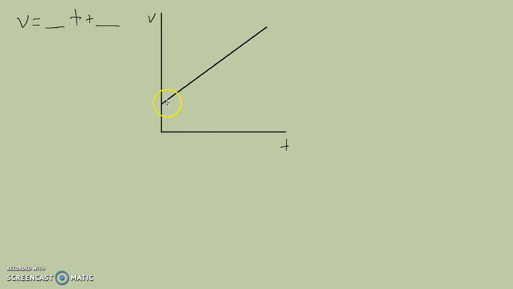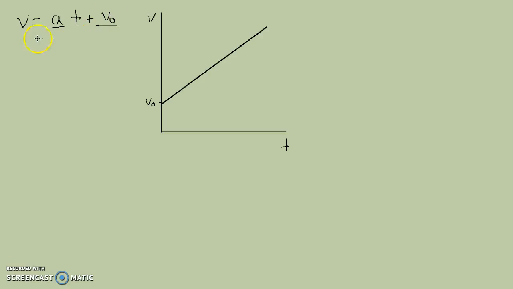What quantity do we find when we find the slope of our velocity graph? Well, we have acceleration, so instead of m here, we're going to put a for acceleration, because the slope of our velocity graph is acceleration. And then for the starting point, we'll call this starting point v naught, or v initial, starting velocity. And so now we have a linear equation for velocity.